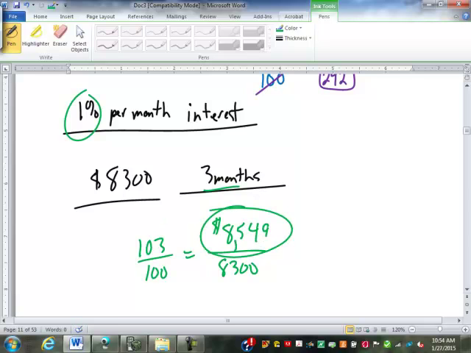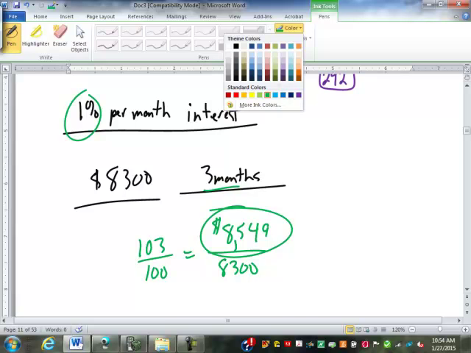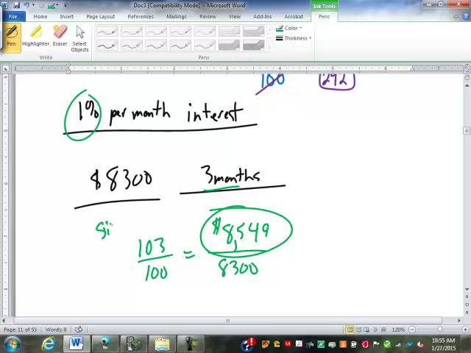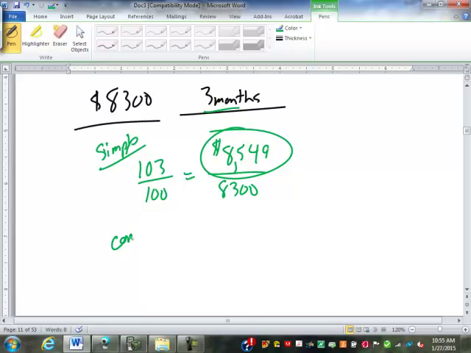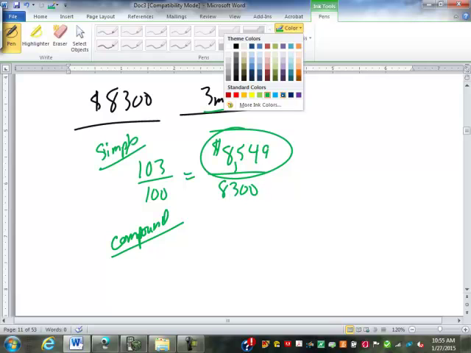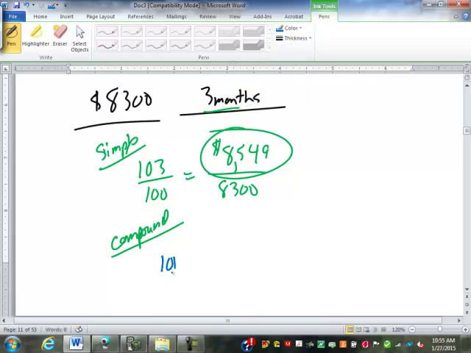Well, that's simple interest. In most cases, they add the 1% every month, and then the next month you get interest on top of your interest, right? That's called compound interest. So if it were compound interest, you would have to do 1% every month. So 101% out of the 8,300 is 8,383.